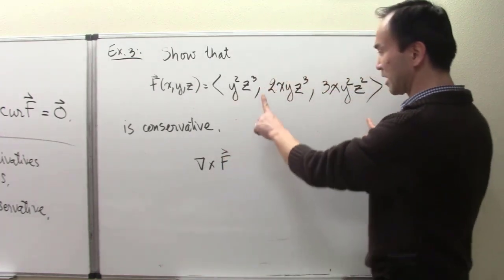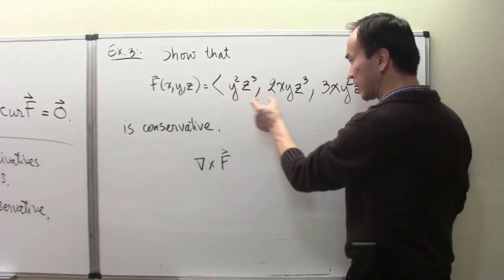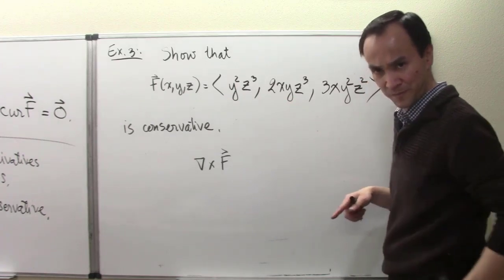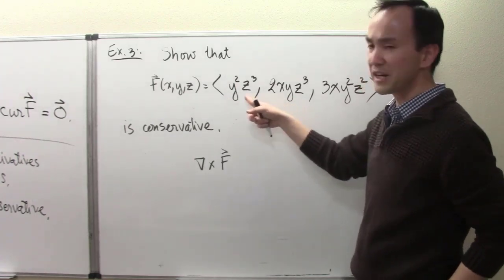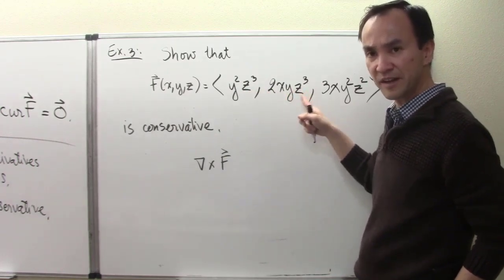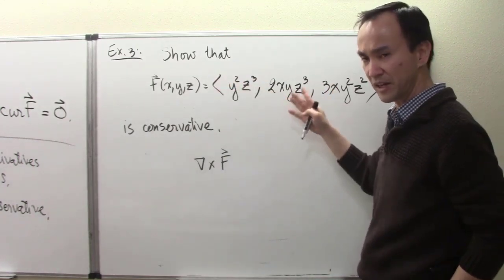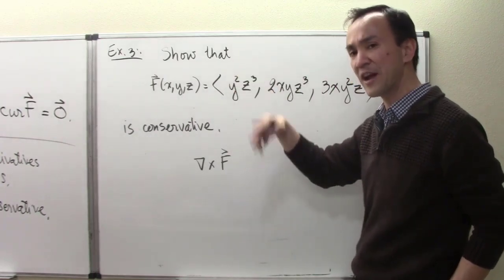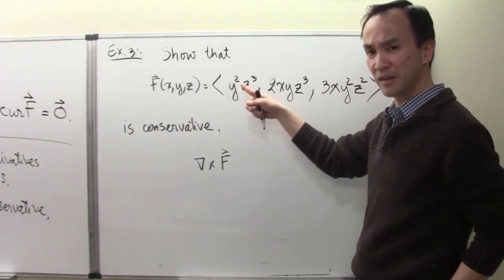Looking at the components, each one of the components here is simply a polynomial in 3 variables, meaning they are defined everywhere in R3. There are no x, y, and z values that make any one of these components fail to be defined, or become undefined.